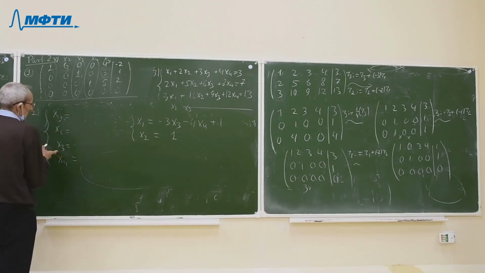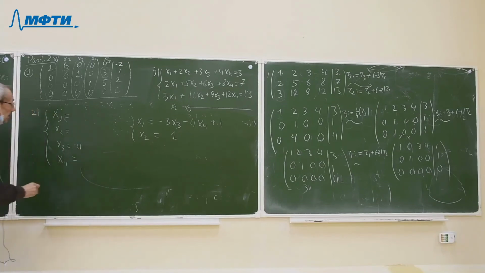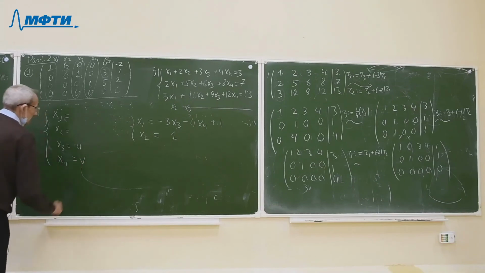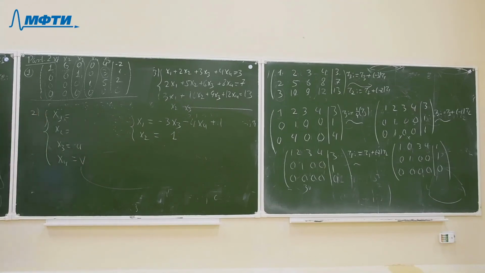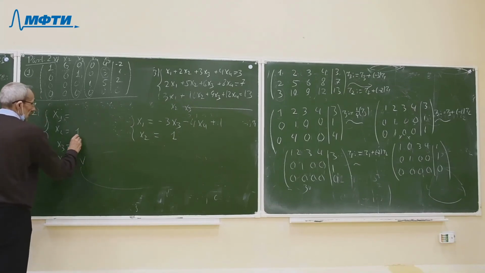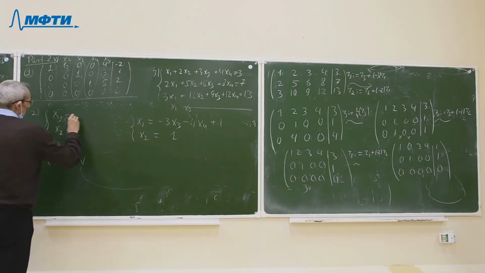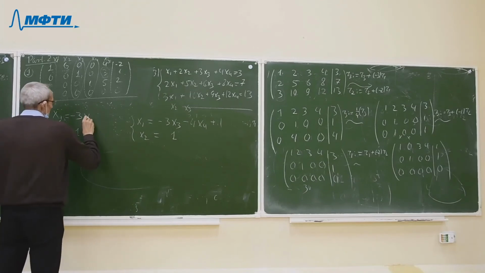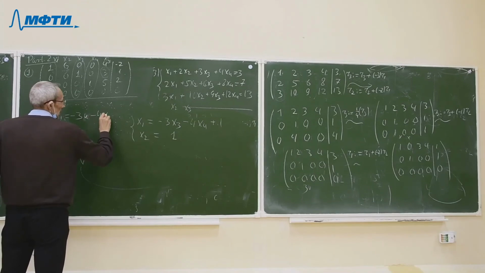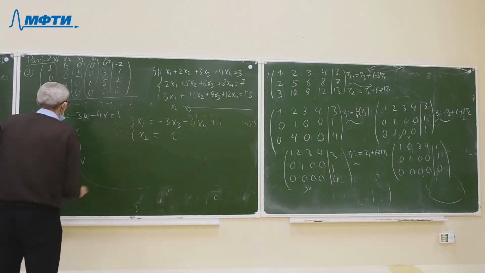Let's put x3 equal to the first parameter u, x4 equal to the other parameter v. x2 is equal to 1, a constant. This variable is constant, and x1 is equal to 3 times u minus 4 times v plus 1.